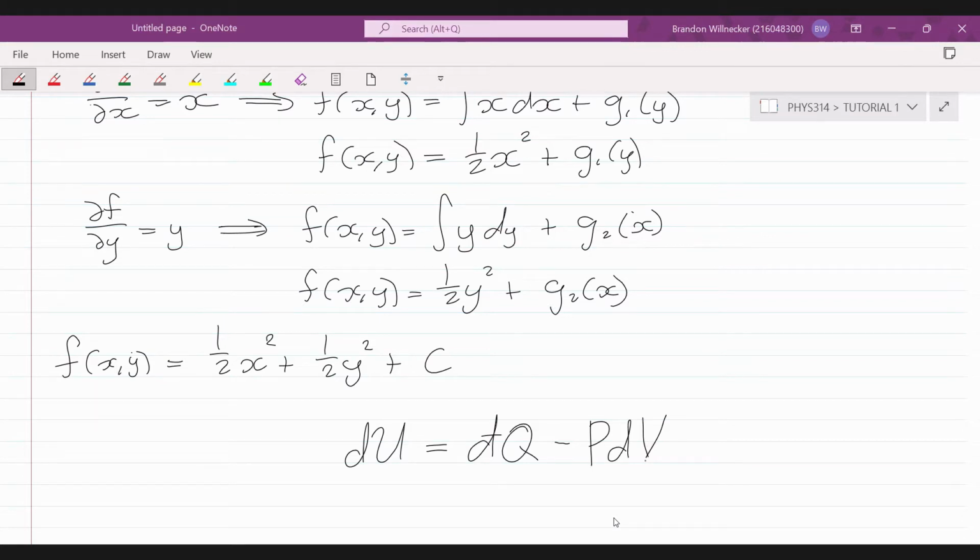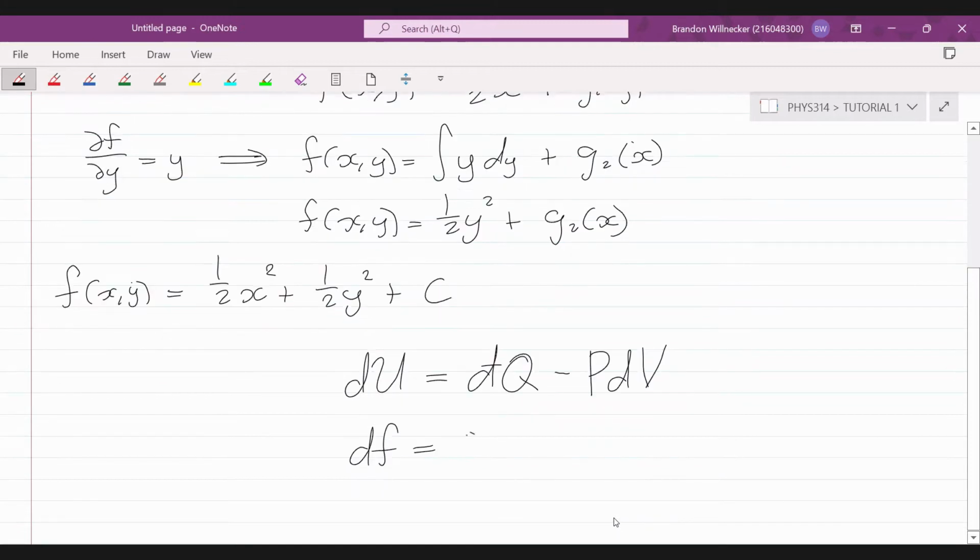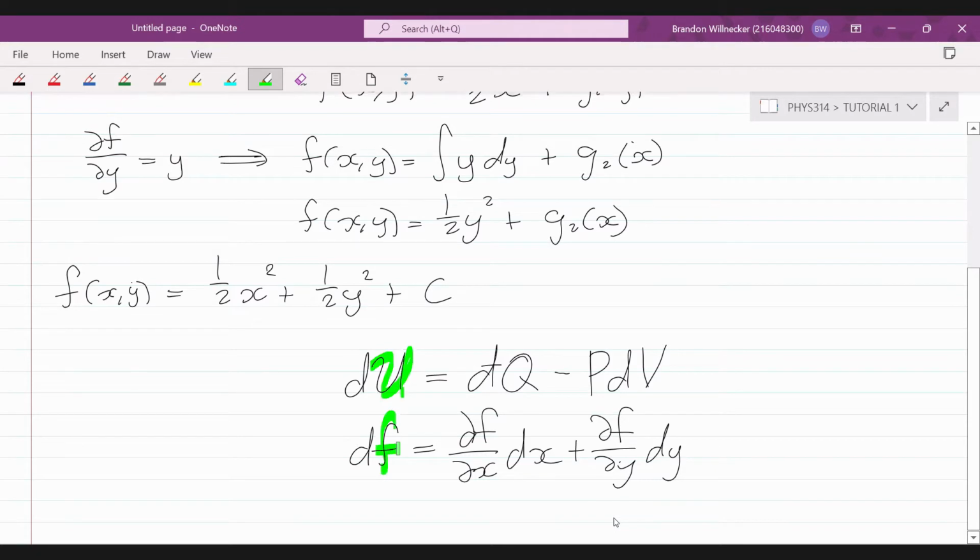Yep, that's exactly what we've got here. So then this would be something like df is equal to df by dx dx plus df by dy dy. So instead of f, we have u. So that's our f. And then we've got dq, that's like our dx. And we've got dv, that's like our dy.